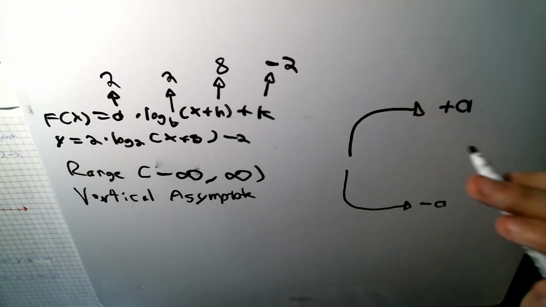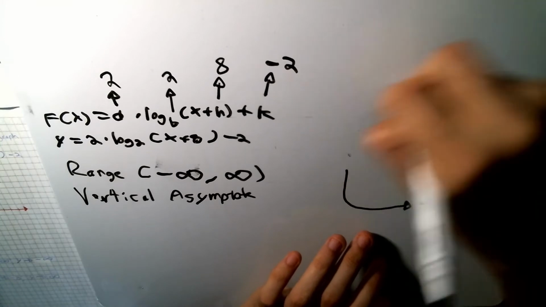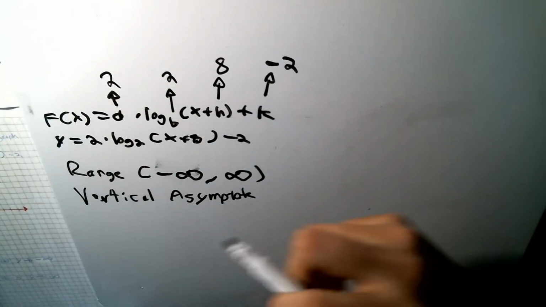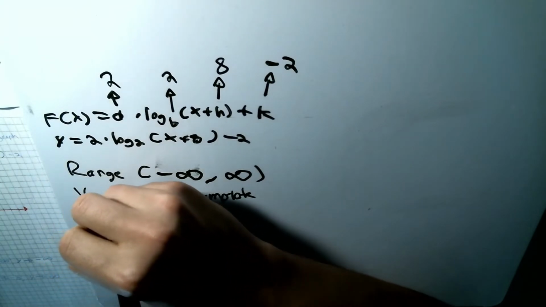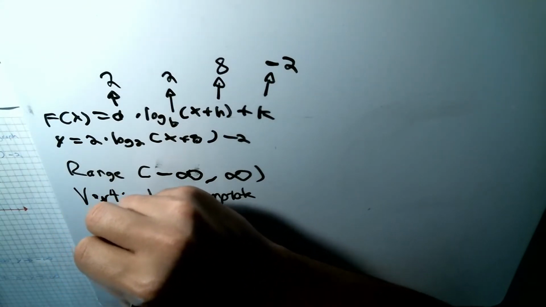I don't know how to describe it, but there's the drawing. So our graph will go like that because a is positive.